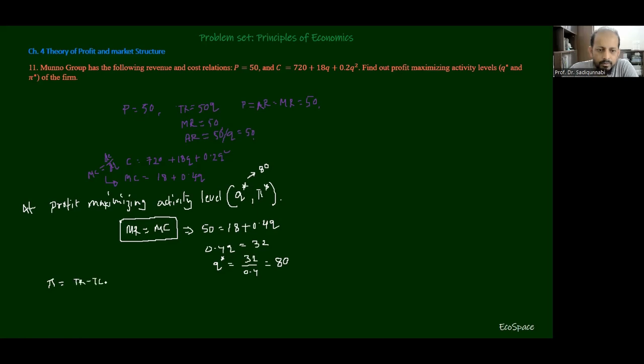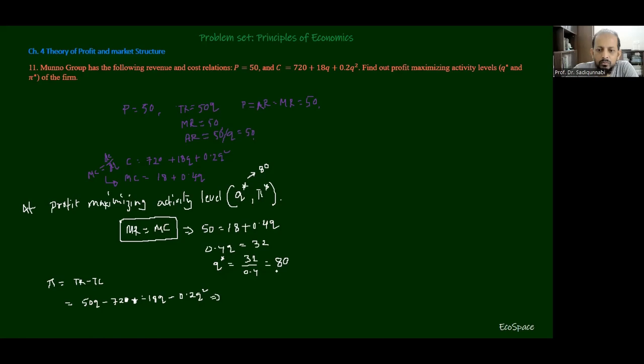TR minus TC. And now the TR is 50Q minus TC, which is 720 plus 18Q plus 0.2Q squared.